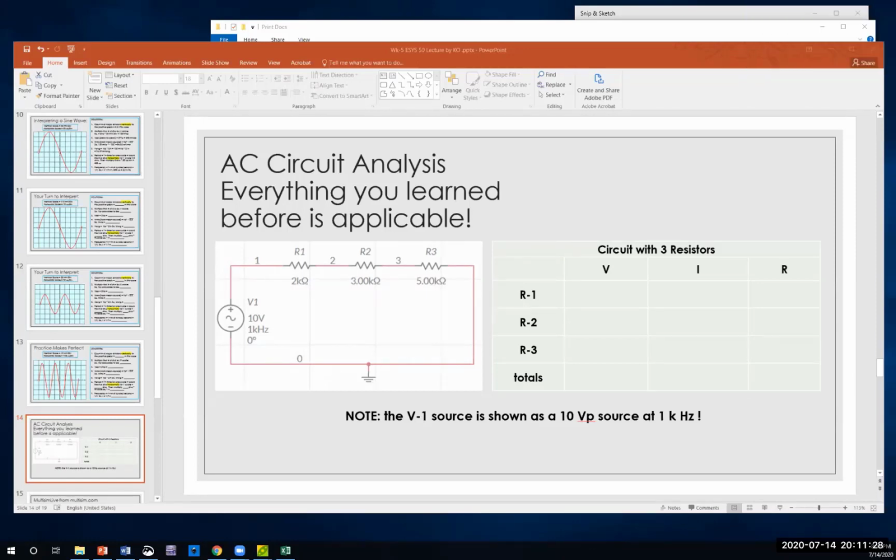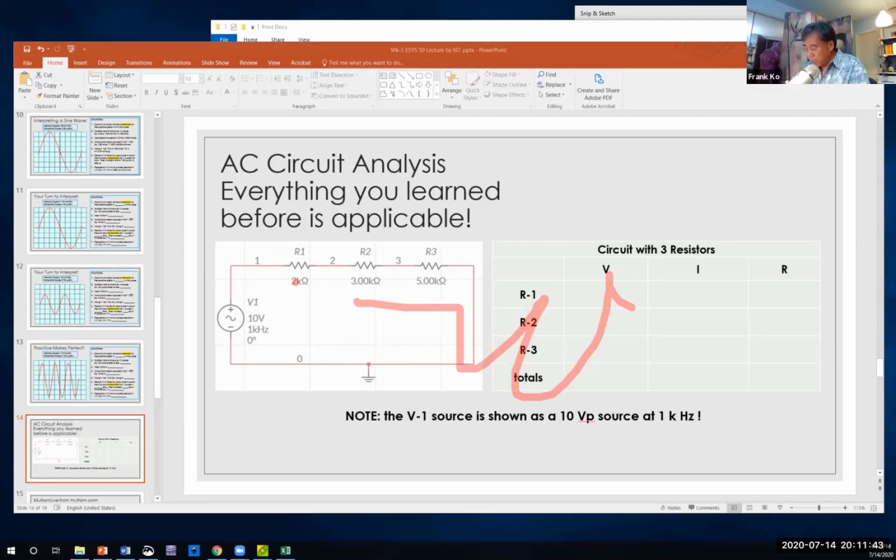Find the total amperage. And how would you do that, sir? Total voltage divided by total resistance. That's 10 volts over 10 kilo ohms, and comes out to be 1 milliamp. 1 milliamp. Very good.